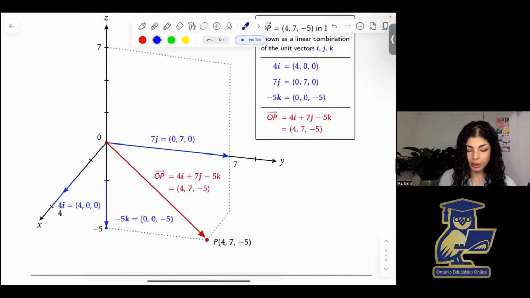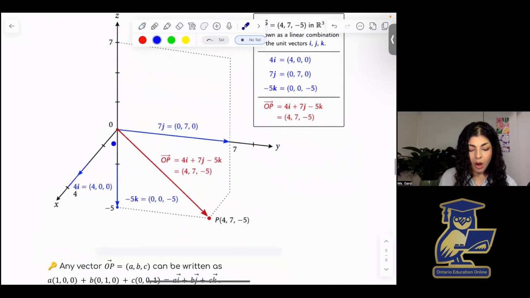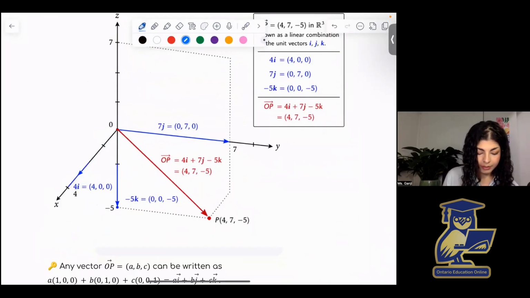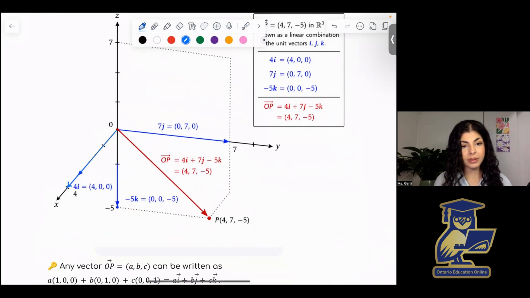Now, what that looks like geometrically is, on our x-axis, you go all the way. Sorry, the graphics sometimes are a little messed up, but this is 4i, which means on the x-axis we are at 4, 0, 0, so we haven't moved in the y or z space.